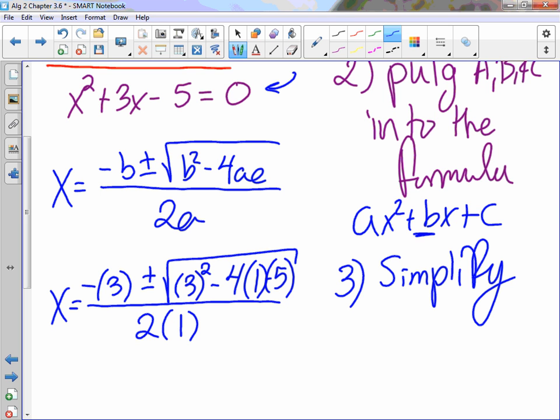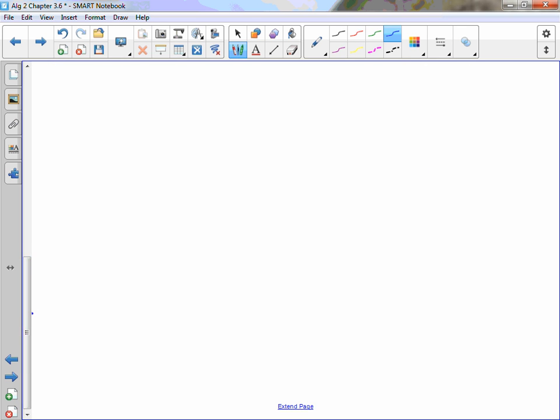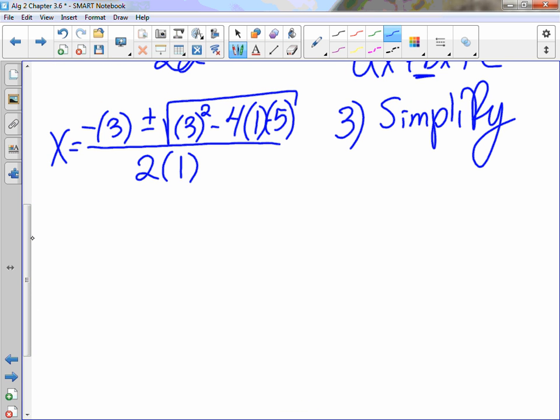Simplify. We're going to simplify this here. First we have negative 3. I can drop those parentheses, yes?